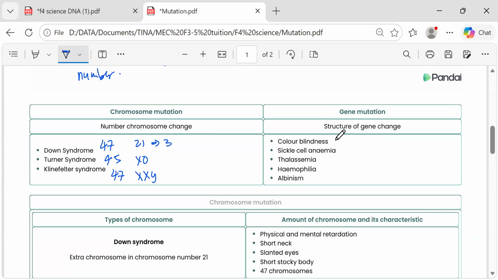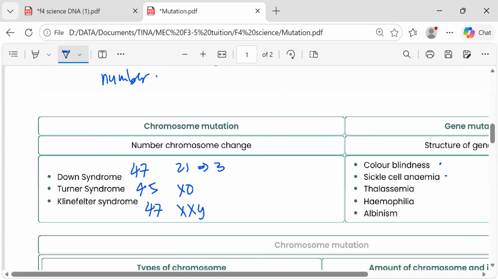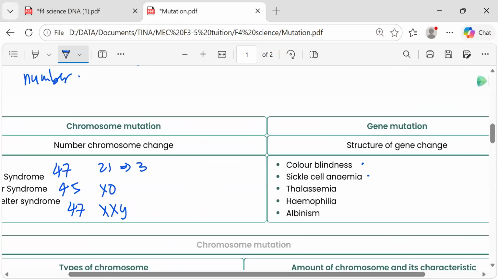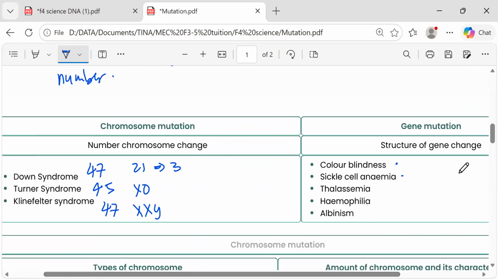Gene mutations include color blindness, sickle cell anemia, thalassemia, hemophilia, and albinism. Color blindness is not seeing black and white; blue-green and red-green look the same. Only boys have this, girls very rarely.